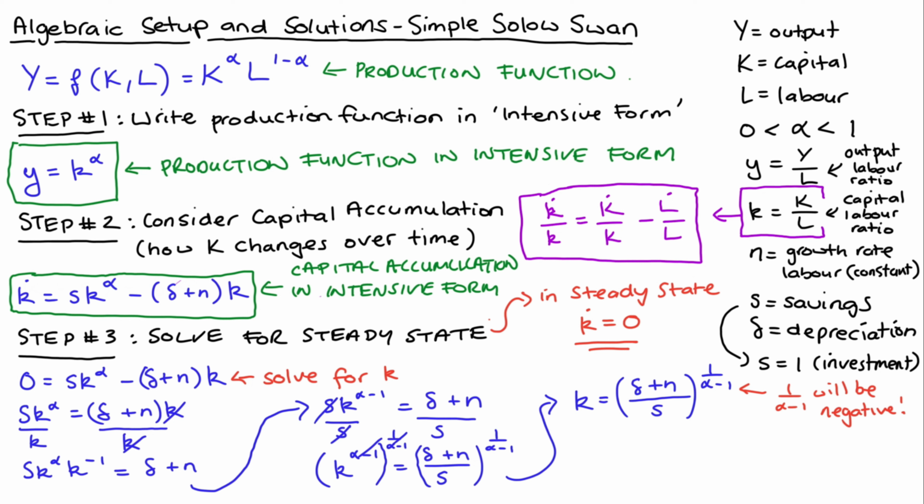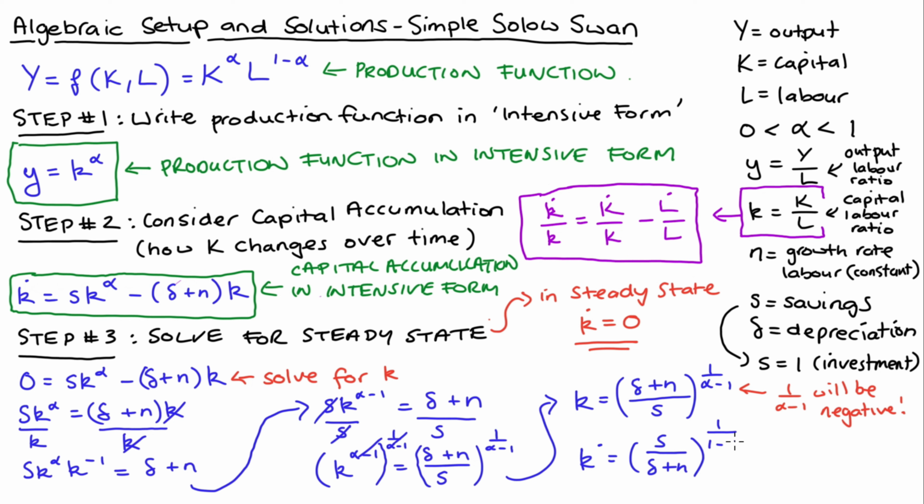So I get the final expression for k star, that's our steady state capital per person, is equal to s over delta plus n. So we just swapped the place of the numerator and denominator, but I have to introduce a negative to our exponent, and I'll get 1 over. So I'll leave the numerator as is and just introduce the negative at the bottom.